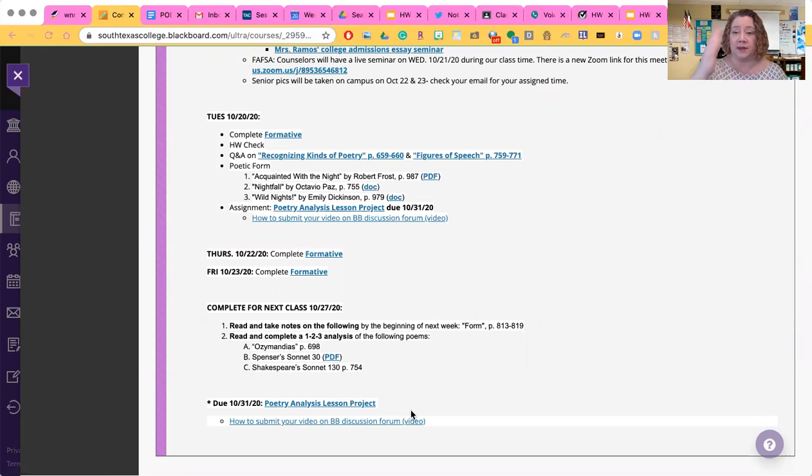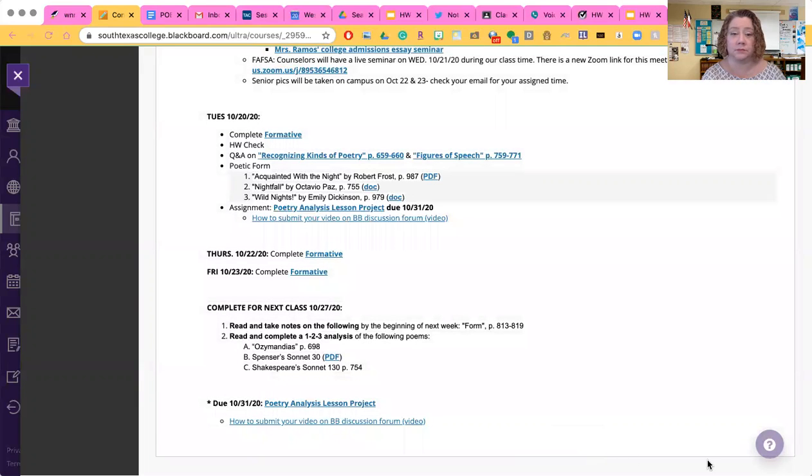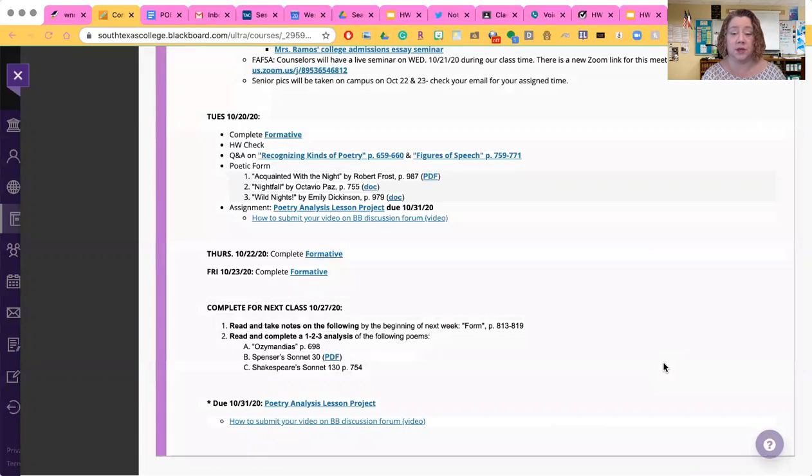I'll put the assignment at the bottom of the module so that you can upload it to the discussion and it will be an assignment that can get graded. But for now, here's the project page, and here's also how to submit. I also have it here too, because I wanted to make sure that I talked about it today. So any questions on that project? It doesn't have to be high tech. Just do it whatever way makes sense to you.